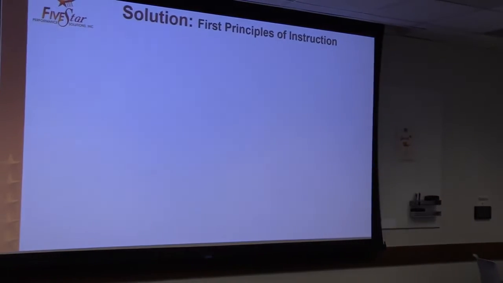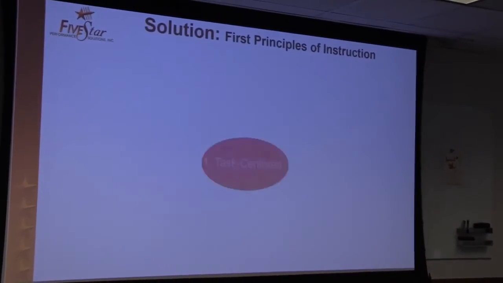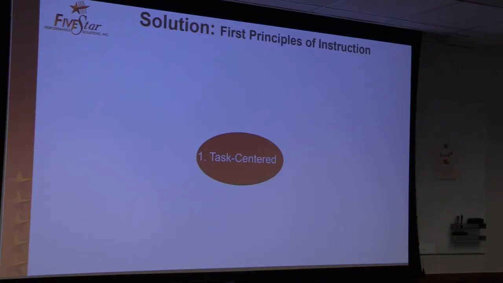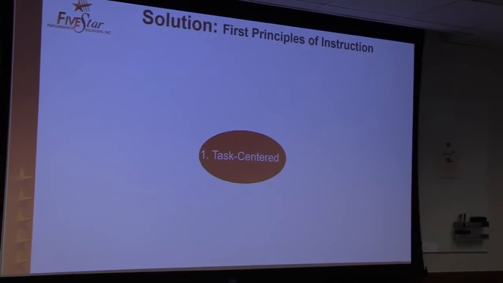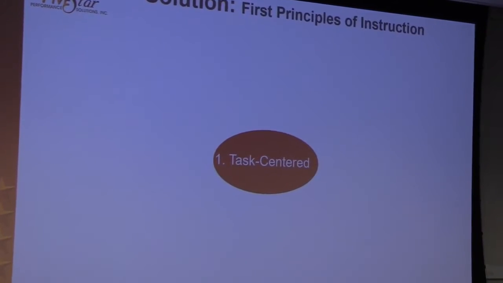The solution then is first principles of instruction. The key to first principles of instruction, it doesn't really eliminate other aspects of good instruction, but it puts real-world significant whole tasks, robust tasks, whatever you want to call them, in the middle.